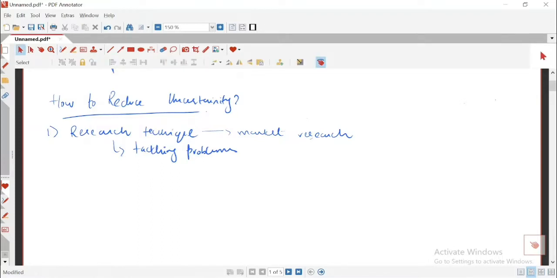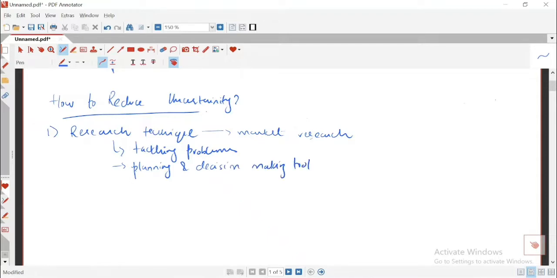Second, it is a planning and decision making tool. Definitely research is a planning and decision making tool. And you get to know the needs and preferences or simply the opinions of customers.